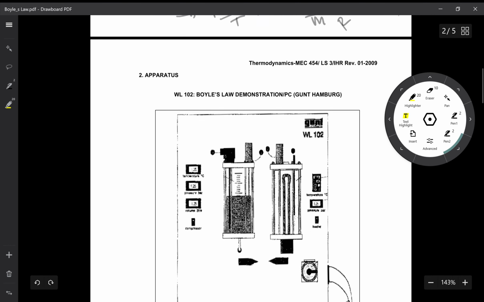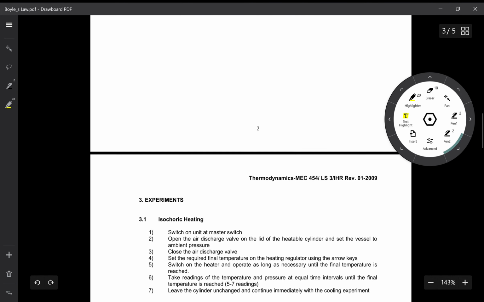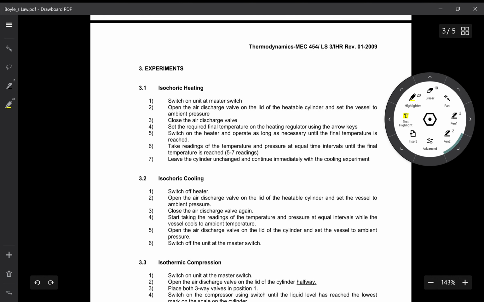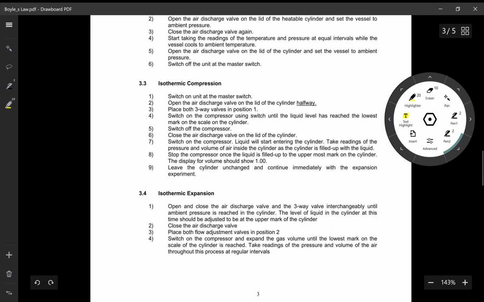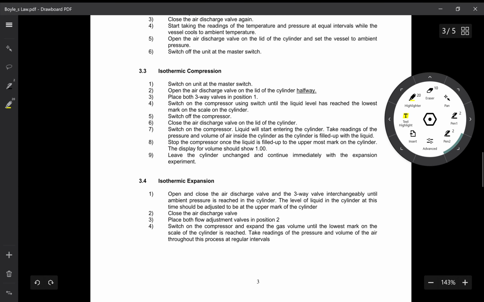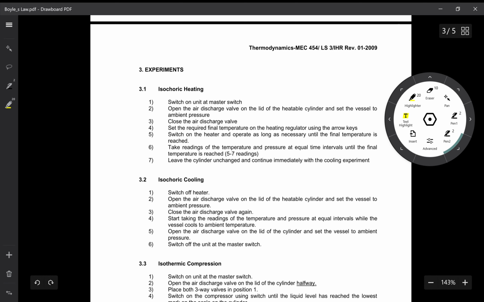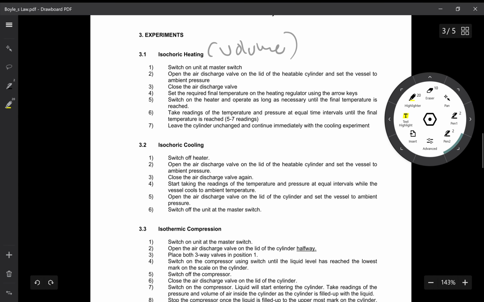For the Boyle's law demonstration, you can refer to the YouTube video that has been provided. Through this experimental work, you are going to simulate four conditions. First is heating at constant volume, or isochoric heating. Then isochoric cooling, which is the cooling process when the volume is maintained.